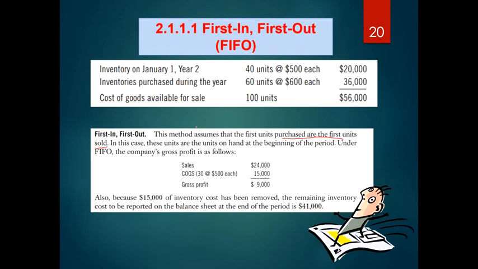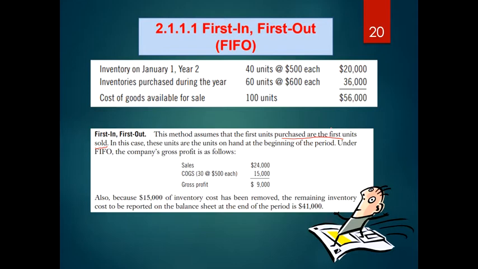So now we're going to take a look at the first method, that is first in, first out. What is first in, first out? This method assumes that the first units purchased are the first units sold. That's why we call it first in, first out.